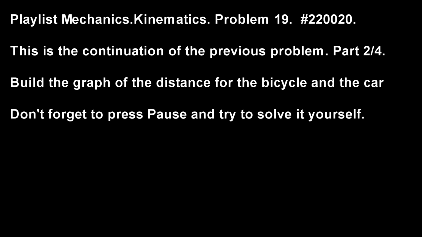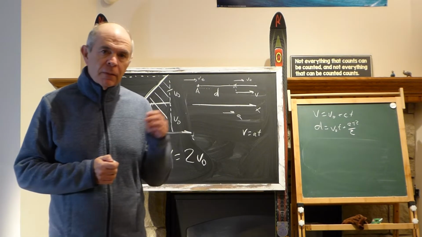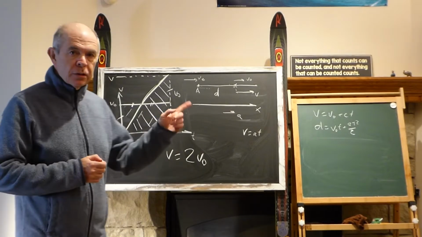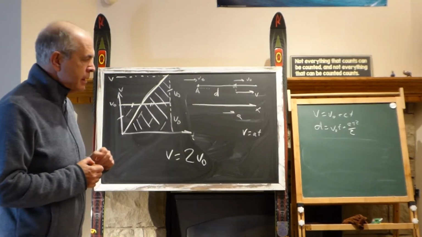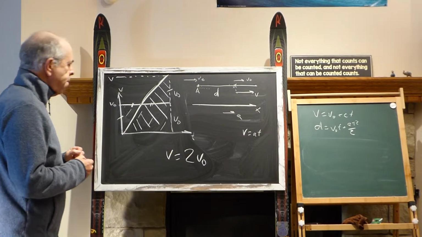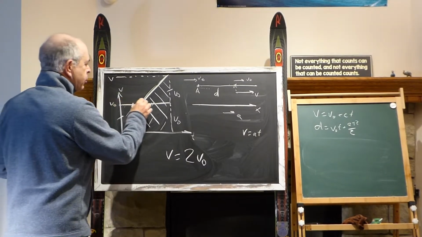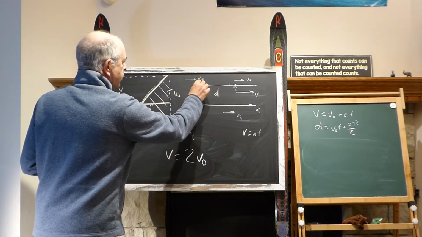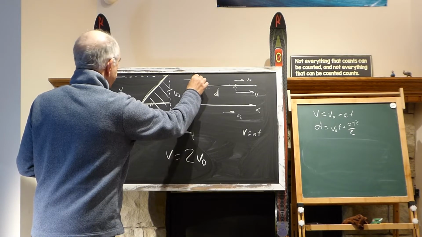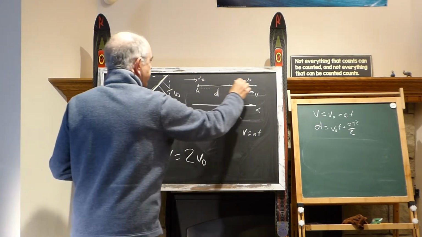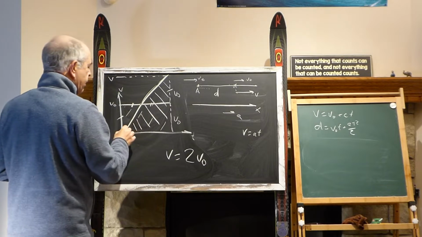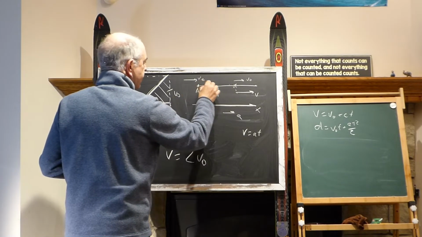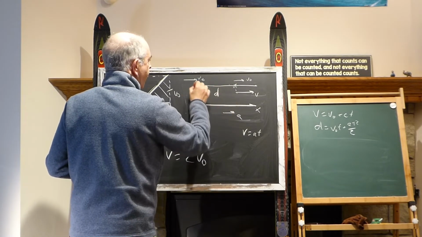So here is a problem. As always, read it, maybe once, maybe twice, and then pause the video and try to solve it yourself. Today's problem is part 2 of the previous problem. Remember, the bicycle moves with a constant speed, starts at point A with the speed v0, and moves forward, and then the car catches up, accelerating with a constant acceleration.